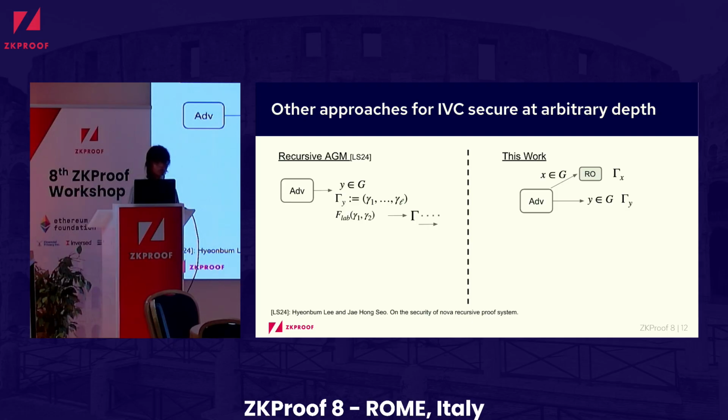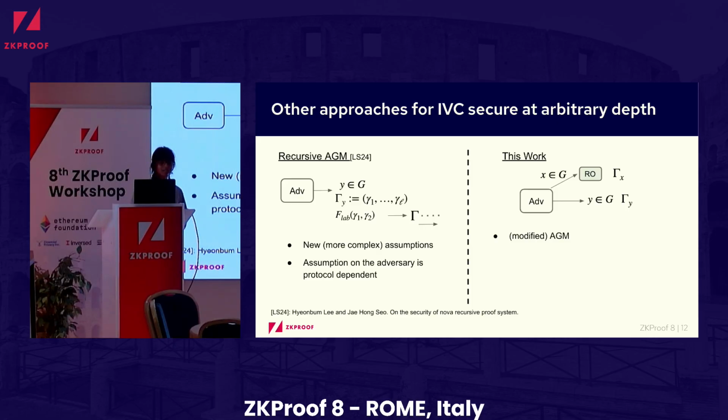As opposed to what we use in this work, which is really the basic AGM with a random oracle attached on top of it. Apart from this assumption being new and also more complex, the issue is that this condition, that if I look at this representation and it can be interpreted as a group element, then give me a representation for that as well, is quite protocol dependent.